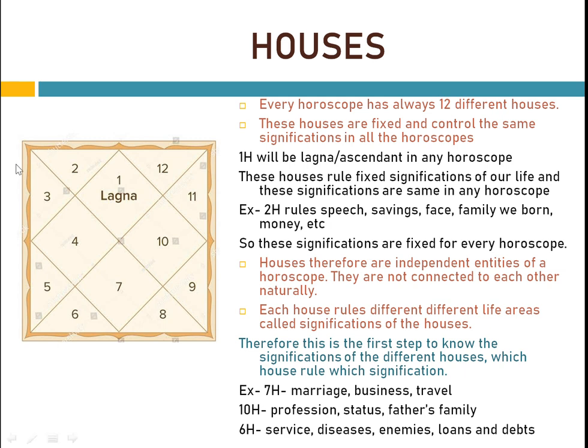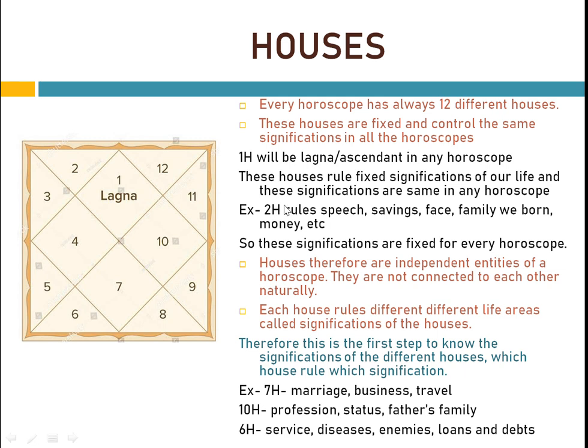They do not change. Like Lagna denotes body, personality. So in all horoscopes, the first house or Lagna will denote body. Similarly, the second house will be speech, money, family. So in all horoscopes, the second house will denote these significations clearly.